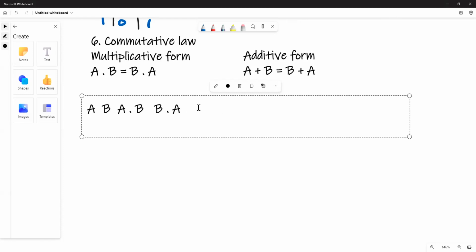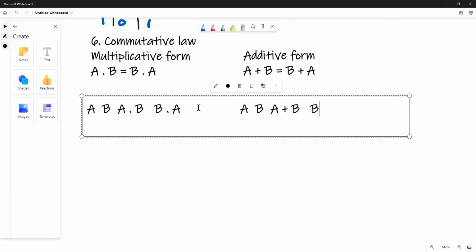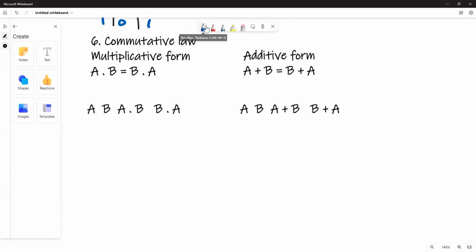The next form is we can have A, B, A plus B, then we have B plus A. Okay, so let's draw the truth table and send it to me.